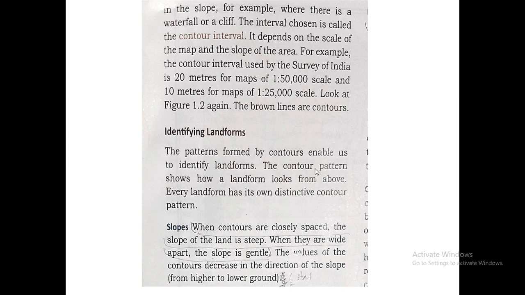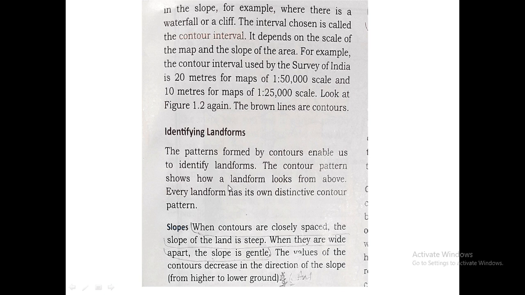The pattern formed by contours enables us to identify landforms. The contour pattern shows how a landform looks from above. Okay, so the contour pattern can easily tell you which kind of landform it is.